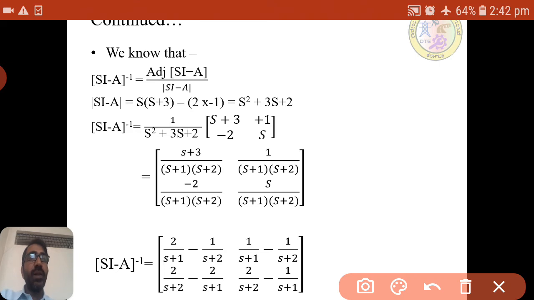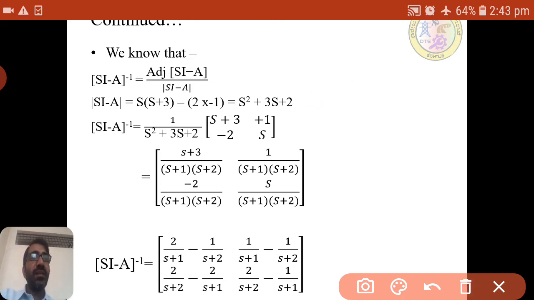So now we know that (sI minus A) inverse is the adjoint of sI minus A divided by the determinant of sI minus A. The determinant of this is s into s plus 3 minus 2 into minus 1, which becomes s square plus 3s plus 2.